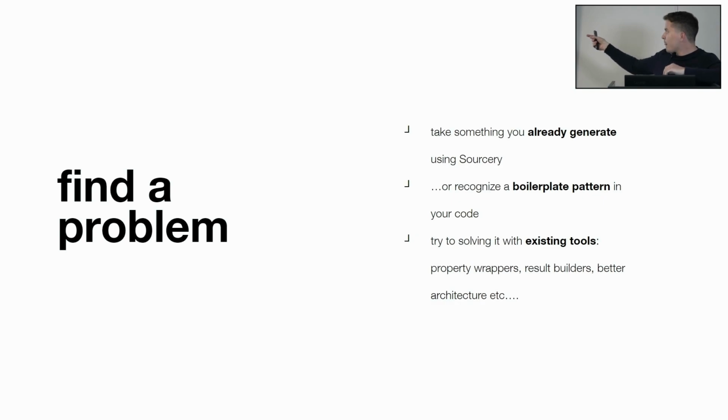But if you find a boilerplate pattern, my suggestion is that you first try to solve it with existing tools. There are many very powerful tools in Swift, like property wrappers or result builders, or using a good architecture, which can solve many problems at a much lower cost. So first try to solve it with existing tools.